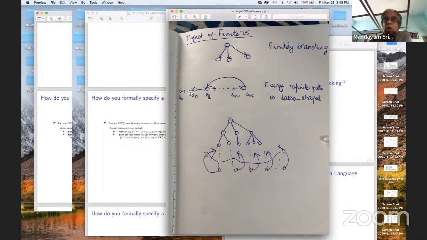Because sooner or later, a state gets repeated. So if you look at any infinite path, which is an execution of a transition system, it will have to eventually have a state that has occurred before. So they all are of this kind. Do you agree?